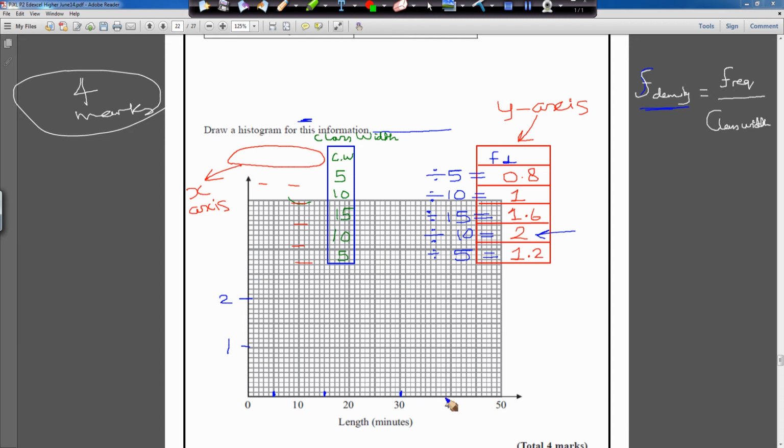After 30, the next is 40. And the next one is 45. Okay, so a moment, folks. Right, let's get some rectangles and draw them.